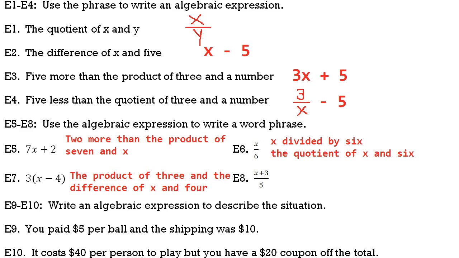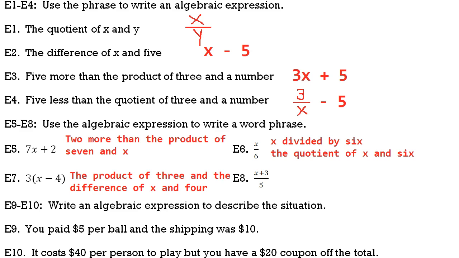All right, for example number 8, this one can be really tricky because you have to group the x and the 3 together before you divide it by 5. I would like to write it like we did on example number 7, but that's going to get really wordy here.